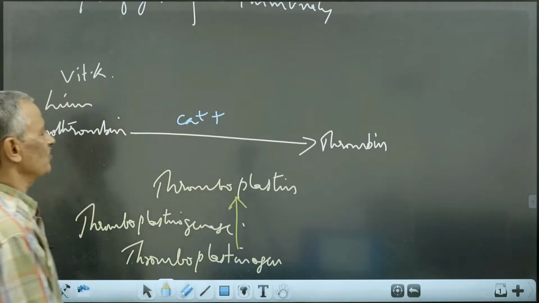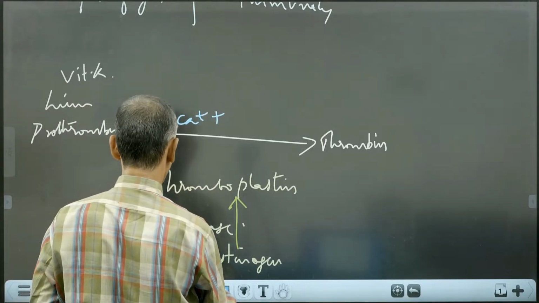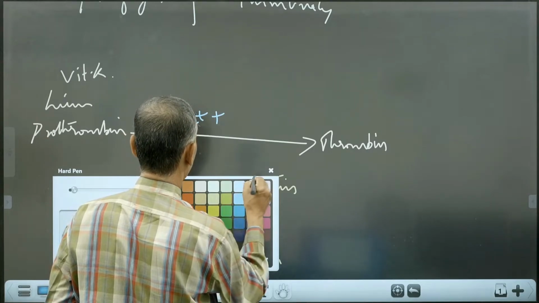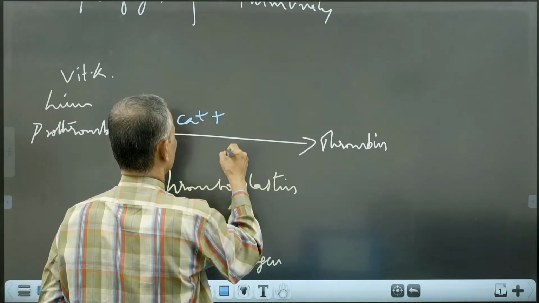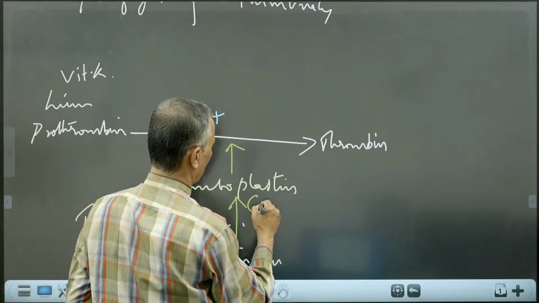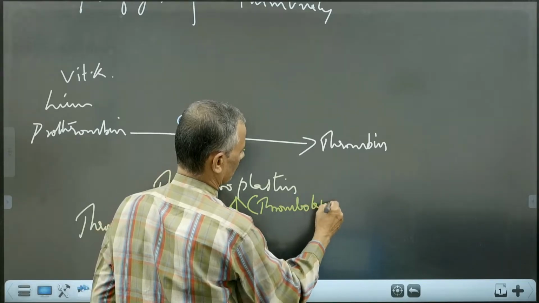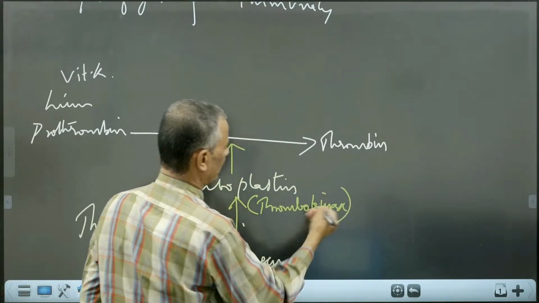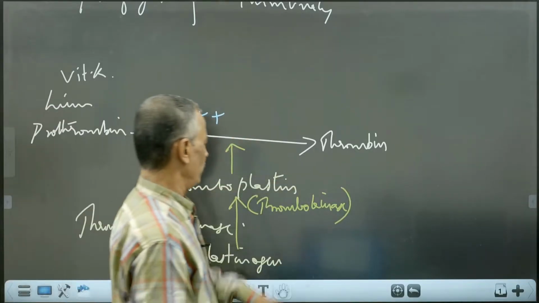So calcium is essential for clotting. And who is activating this reaction? It is activated by the thromboplastin. Thromboplastin is also called thrombokinase. It is an activating enzyme that activates prothrombin to thrombin.